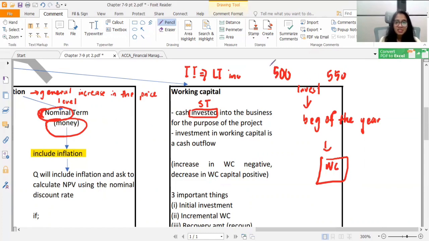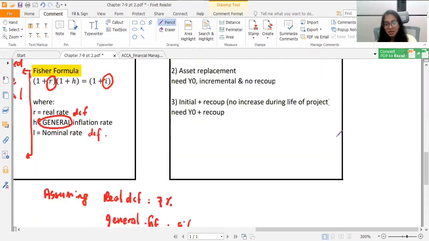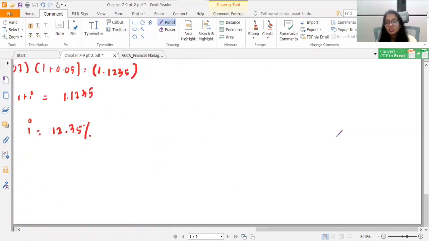So what happens here is because you already invested 500, in the next year, the incremental amount that you need to invest is $50. And the relevant cash flow for the purpose of your net present value is only $50 cash outflow in year 2. All right. So please be careful because the examiner is testing your knowledge on relevant cash flow.